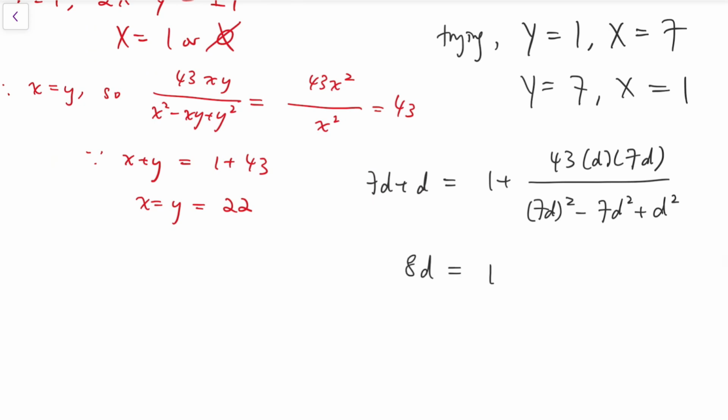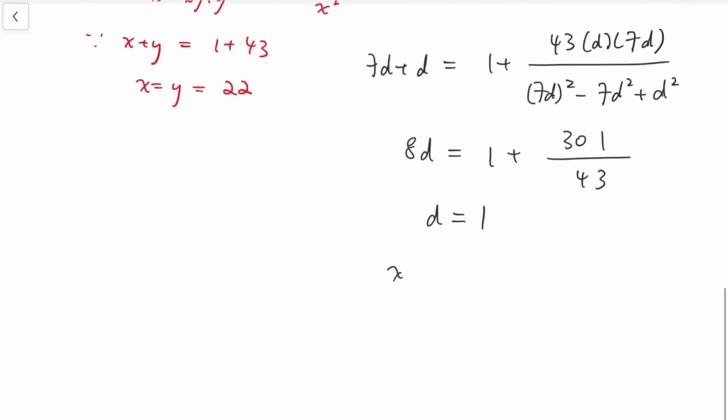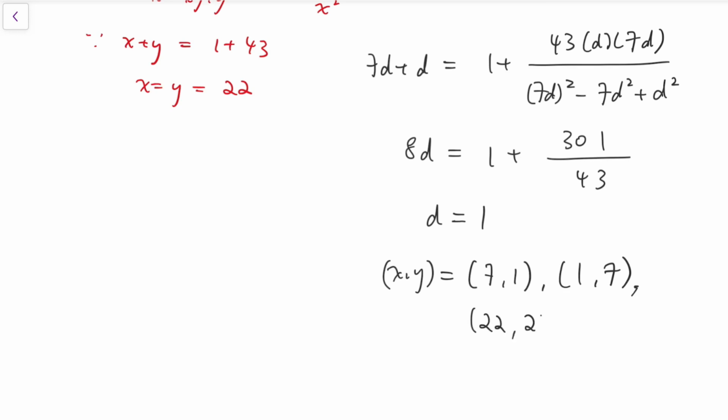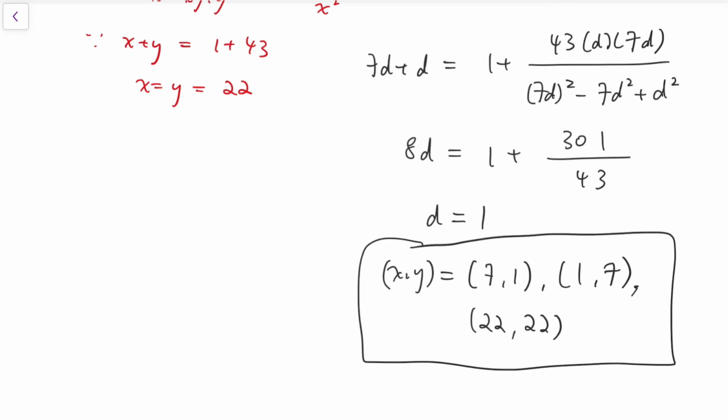So simplifying, 8d equals 1 plus 301, all divided by 43, and that means d equals 1. So therefore, we have two more pairs of solutions, 7, 1 and 1, 7. And you can check, they are both valid. So together with 22 and 22, this is the final answer.